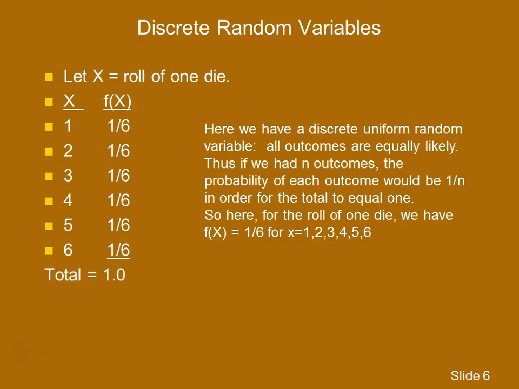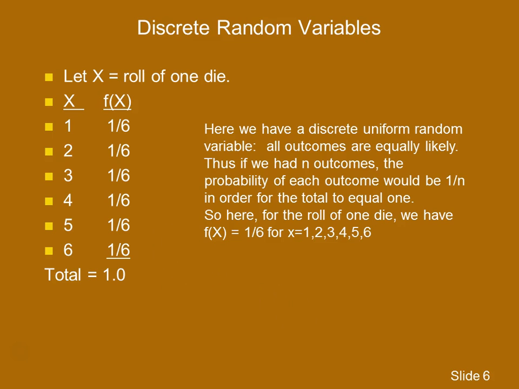Let's just look at a couple of simple examples of discrete random variables. Let's let x be the roll of one die. Somewhat obviously, the values of x, the values of the outcome of the variable, are the numbers 1, 2, 3, 4, 5, 6. And assuming a fair, well-balanced die, the f of x's would all be a sixth here. In this case, we could actually come up with an equation to represent this.